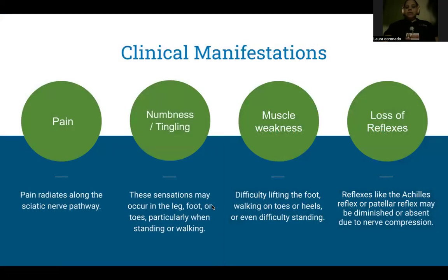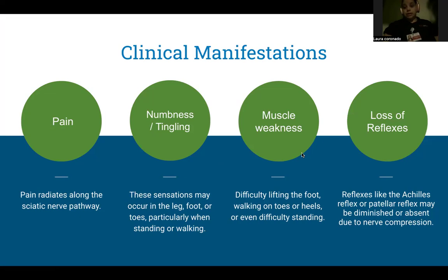So, some clinical manifestations we may see. We already talked about pain a little bit and how it can radiate down that nerve pathway, as well as numbness and tingling. The numbness and tingling would be occurring in those posterior chain muscles, especially when they are walking or standing for a long period of time.